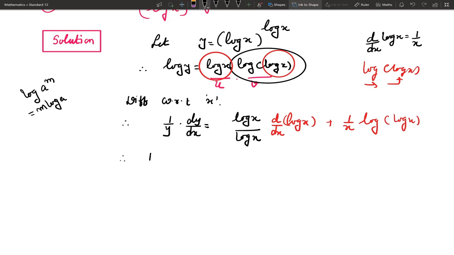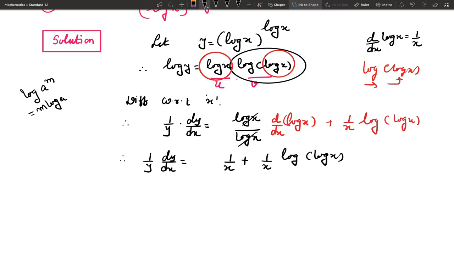Therefore 1 upon y dy by dx equals, log x cancels, 1 upon x plus 1 upon x log of log x.